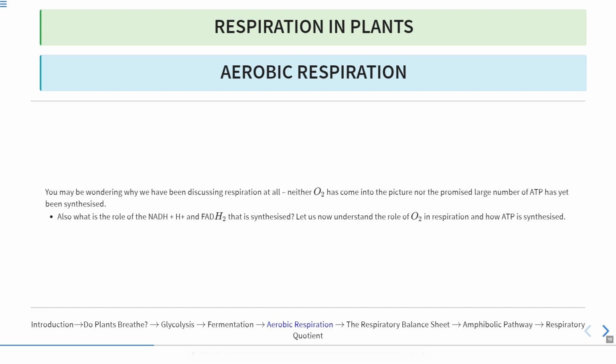So why is this Krebs cycle so important? And what is the role of the NADH2, when 8 molecules of NADH2 and 2 molecules of FADH2 are formed? Let us now understand the role of O2 in respiration and how ATP is synthesized.